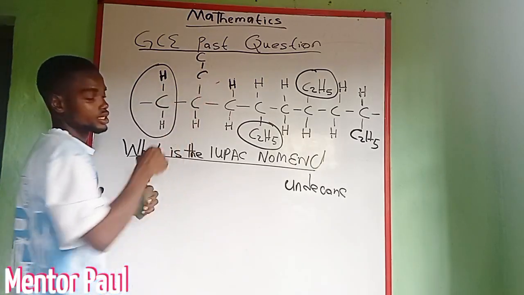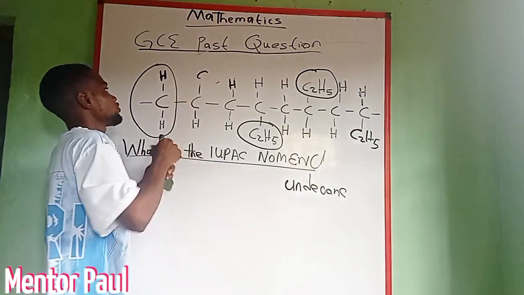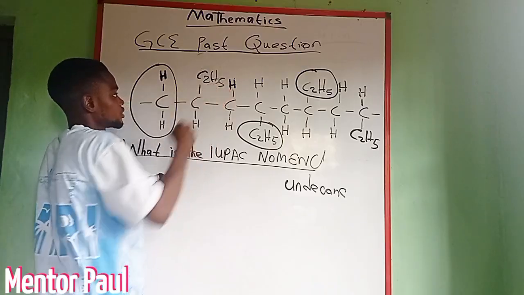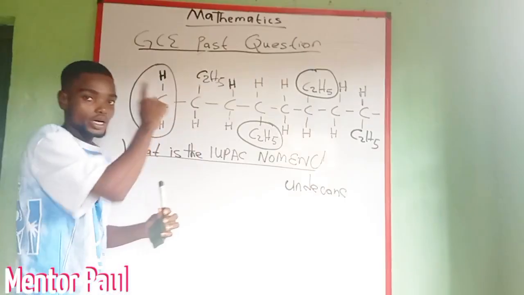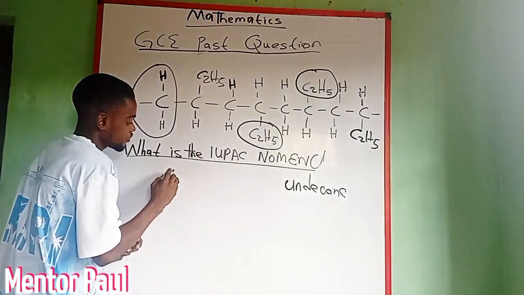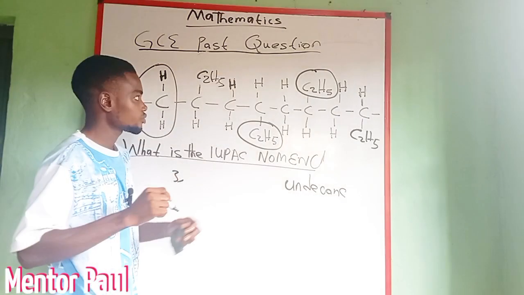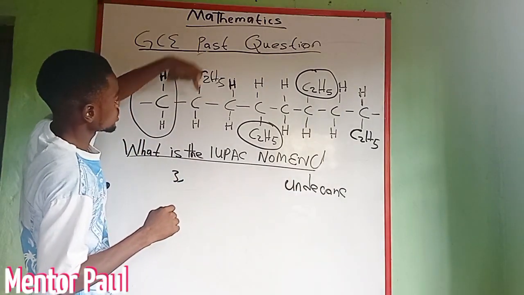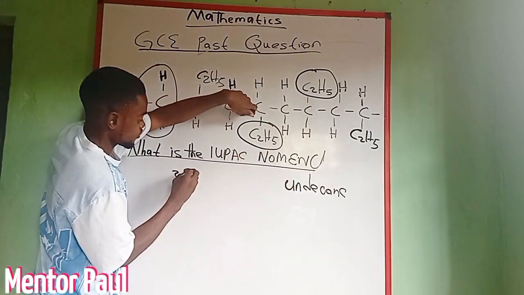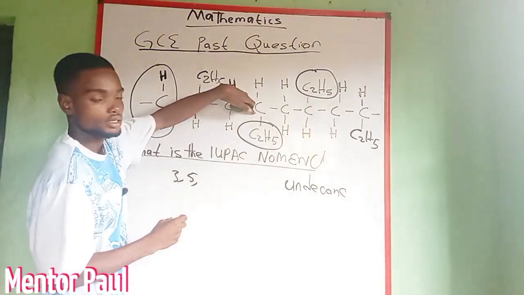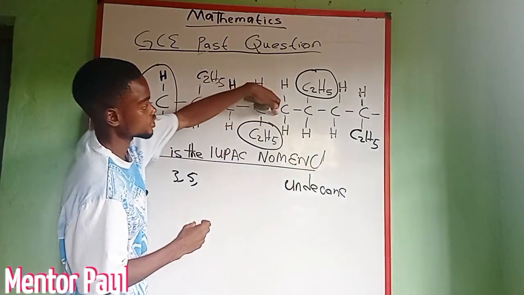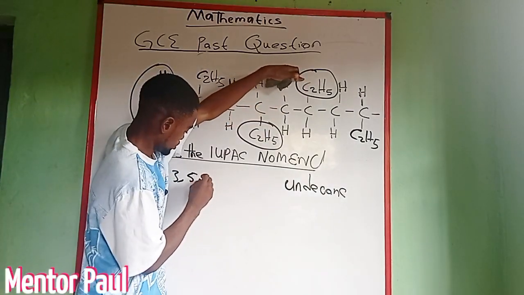So I'm counting it 1, 2, 3, you get. So this substituent is on carbon 3. So we have the first substituent on carbon 3, the second substituent, 3, 4, 5, on carbon 5, and the third substituent, 5, 6, 7, on carbon 7.